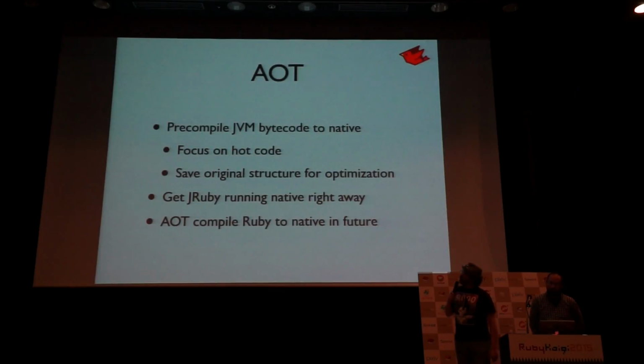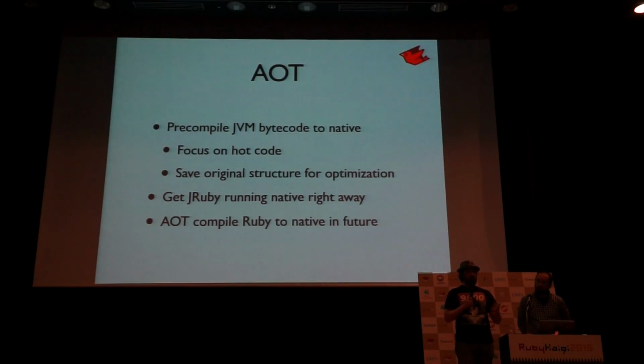So what the JVM folks are doing, they understand our pain, and they are working on an ahead-of-time compiler for OpenJDK. The idea is that it can take JVM bytecode, so JRuby itself, for example, and precompile it down to native code. So we don't have that cold execution at the beginning.